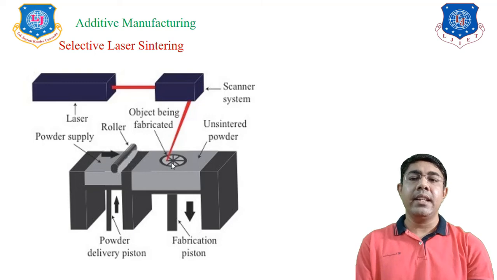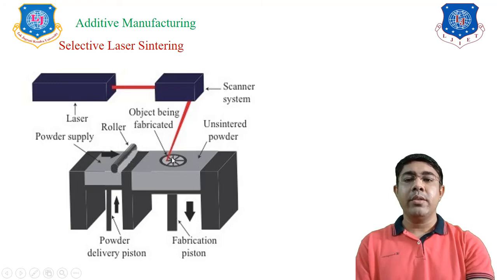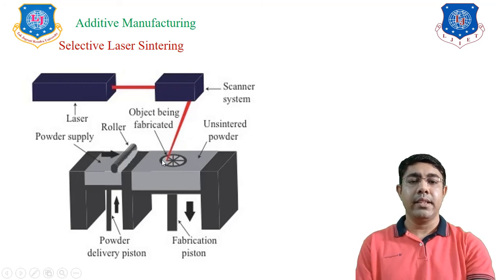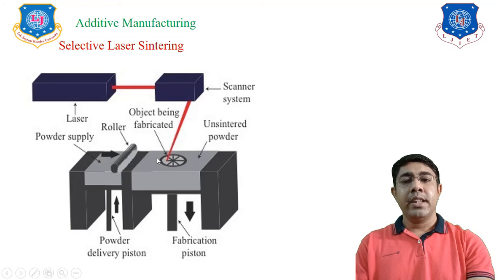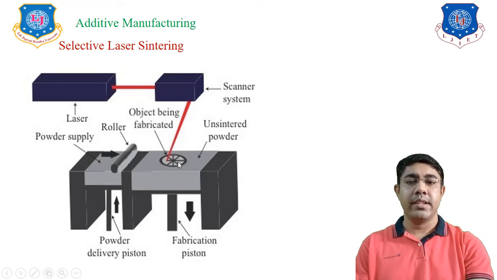So we need only a lesser intensity of laser to sinter the particles. According to the cross sectional area requirement, the laser is transmitted onto the powder particles, the powder particles sinter to each other, and the layer of cross section is generated.